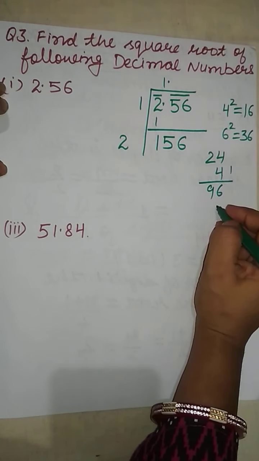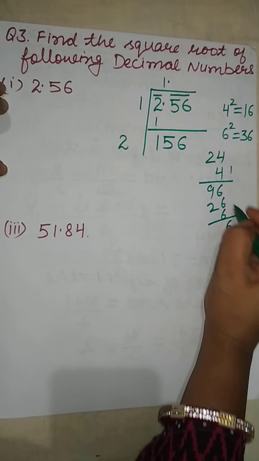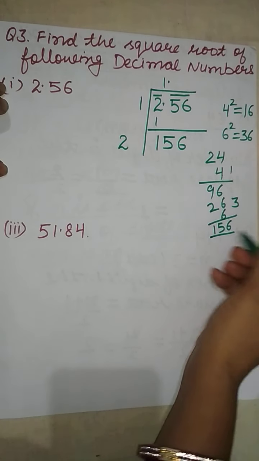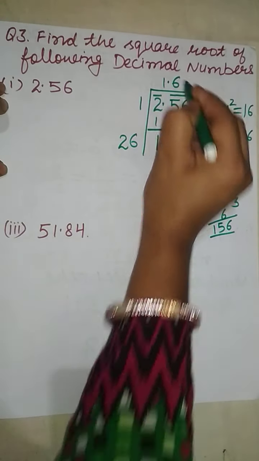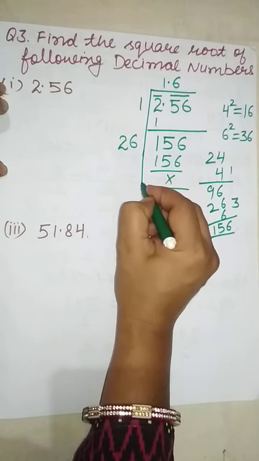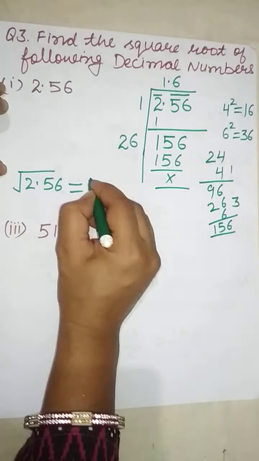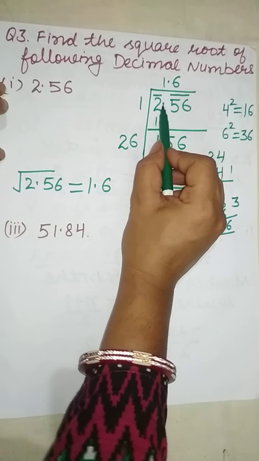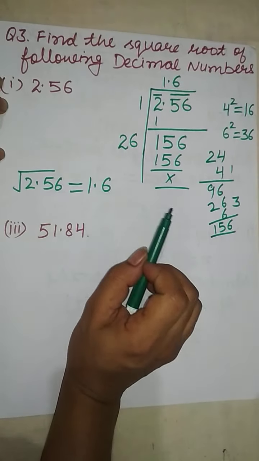Now I'll write 6 here. 6 6s are 36, 6 2s are 12 plus 3, 15. So it means our right digit is 6. Write 6 here, it is 156 and the remainder is 0 and the square root of 2.56 is simply 1.6. As after 2 there was a decimal, I put the decimal after 1, which is the required answer.